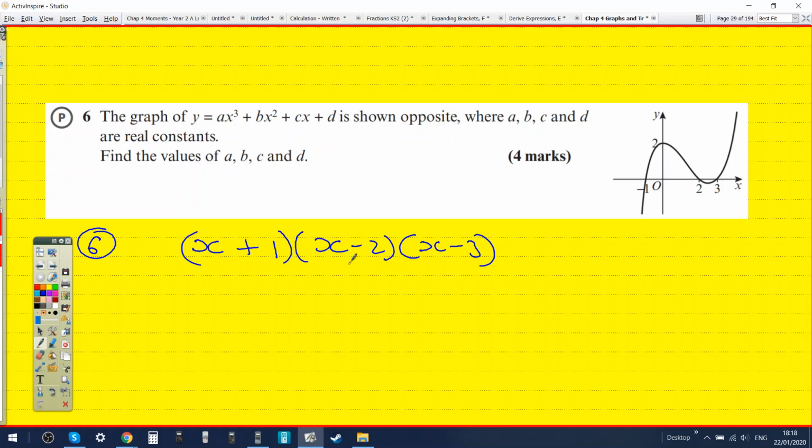What y-intercept would these give? 6. So this is 2, and so what's going on there? Don't know.